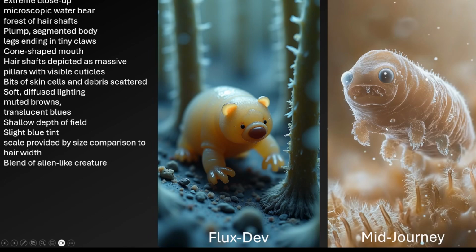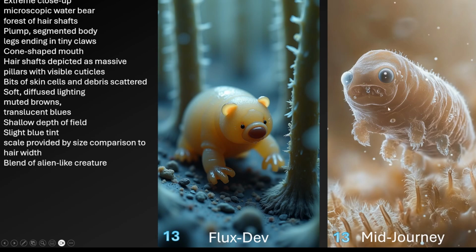The next one is an extreme close-up of a microscopic water bear. Now there is an actual animal called water bear, but I really like the fact that Flux here literally created a creature that looks like a small bear. Now here the point goes to Flux, and the main reason is that it nailed it when it comes to the prompt, especially the pillars with visible cuticles and the hair shafts depicted as massive pillars.